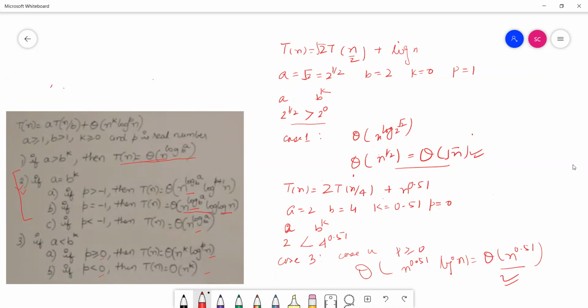So I'm writing some questions here. First, solve these questions. First one is T(n) = 7T(n/2) + n square.